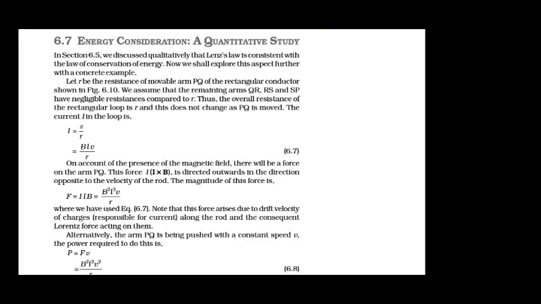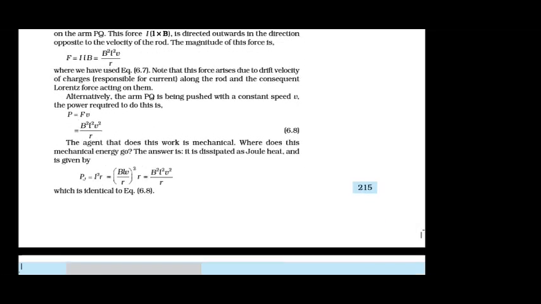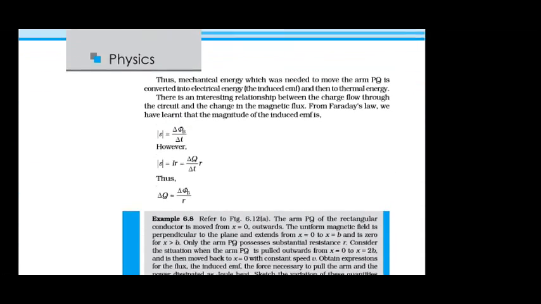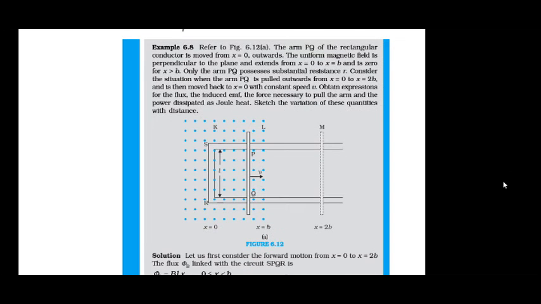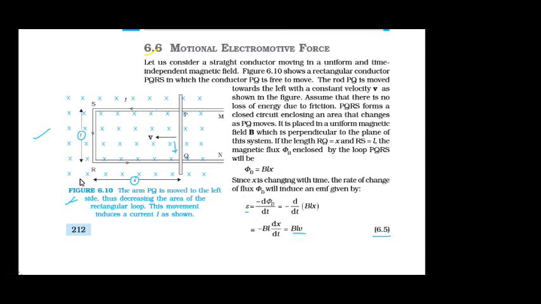Now let us see the figure. Then we can conceptualize what is happening. So here is the figure, the same figure. PQ has a resistance R, and the other sides QR, RS and SP have negligible resistance with respect to PQ.